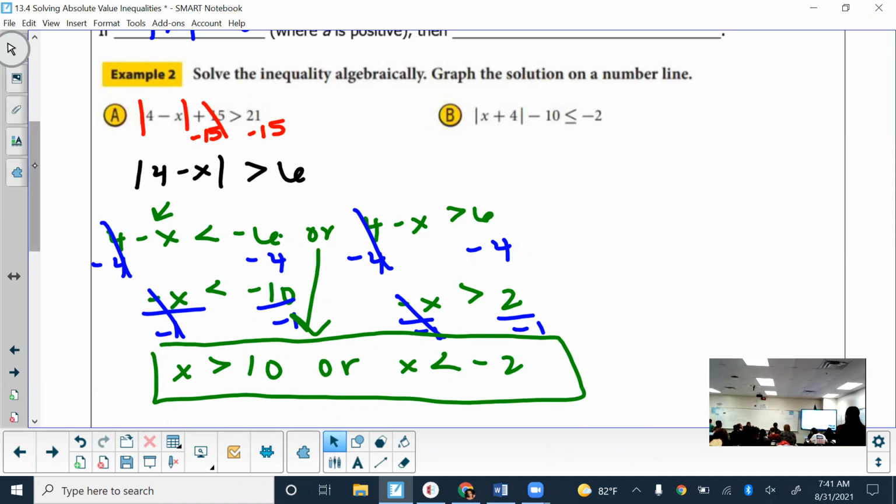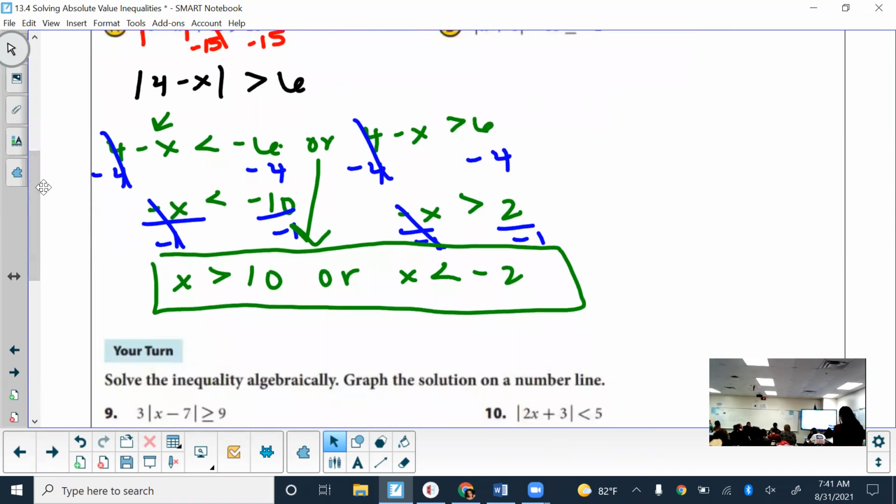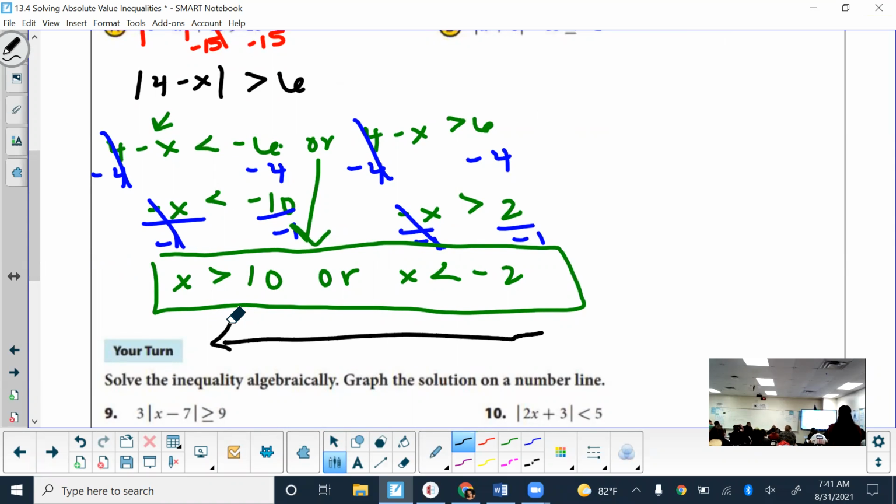All right, now the graphing is just like before, like when we did the compound inequalities, right? So my graph needs to have both of these numbers on there. So maybe I'll start at -3 and keep going until I get up to 10 or around 10.